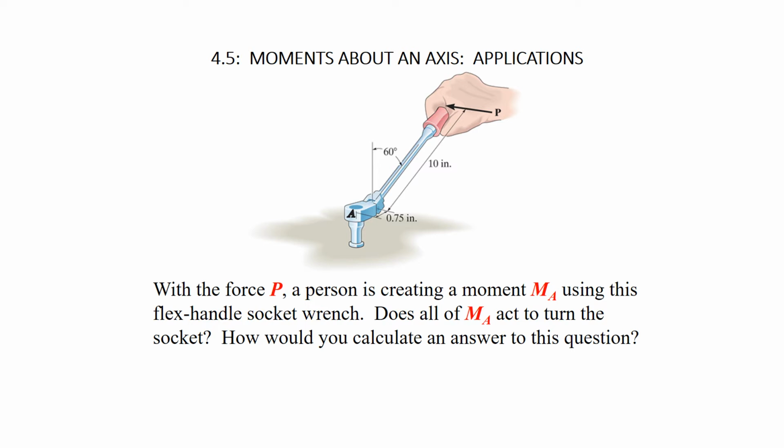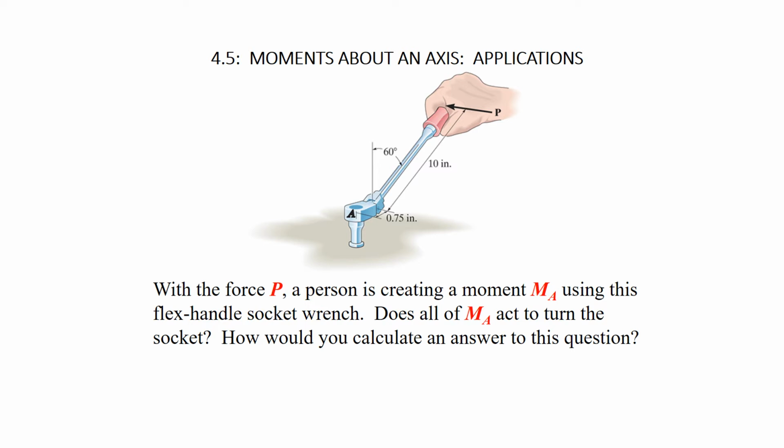In this example, with the force P, the person is trying to apply a particular moment using this flex handle socket wrench. When you calculate the moment about the point A, does all of that moment provide useful effort in turning the screw? No, it doesn't.